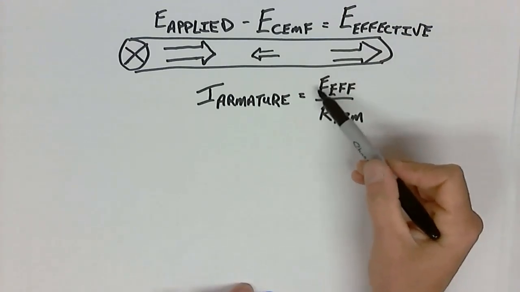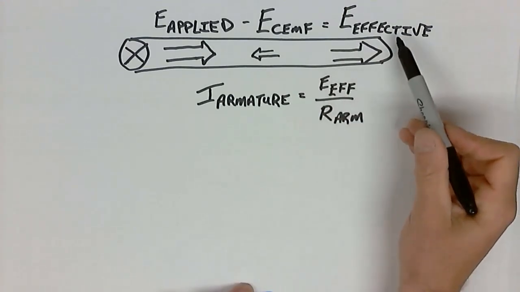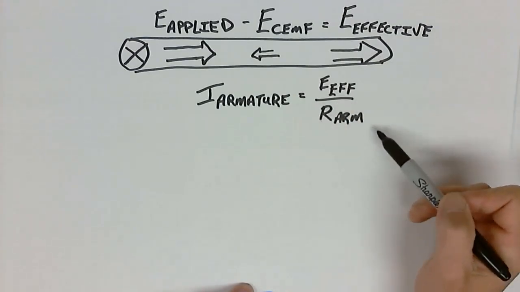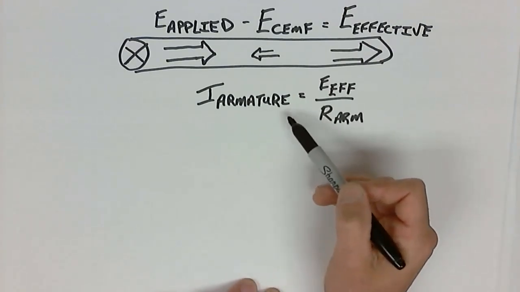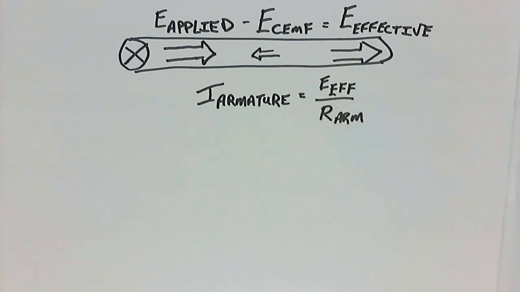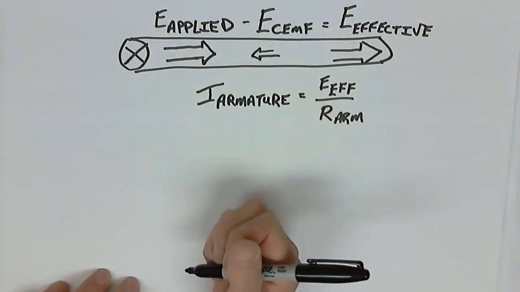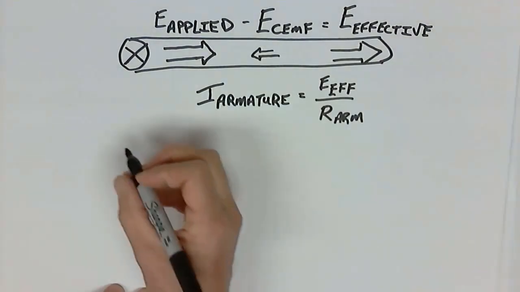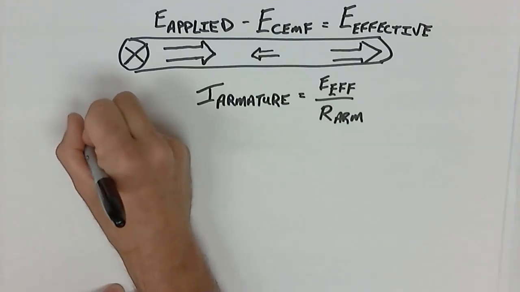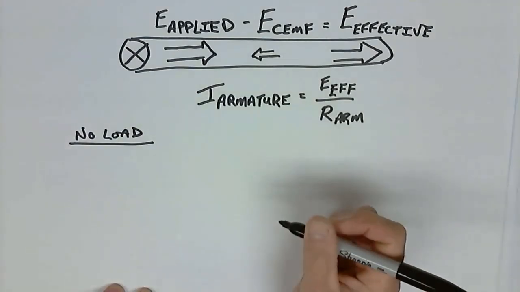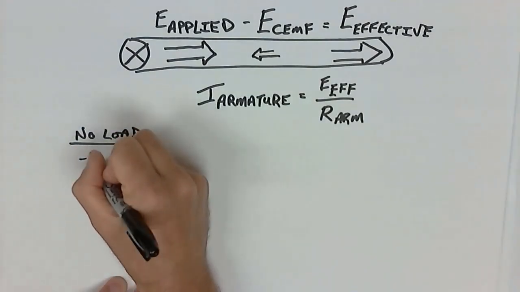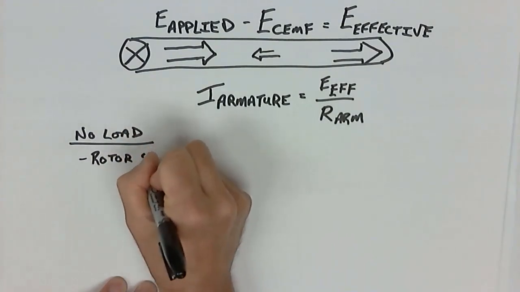So if we know what the effective voltage is here, and we know what the resistance is of the armature, it's Ohm's law, then I can work out the current through the actual armature. So this means that as we go through our different situations of no load and full load, we can draw some conclusions. So no load. When the motor's at no load, or let's say very little load, the rotor will spin fast.